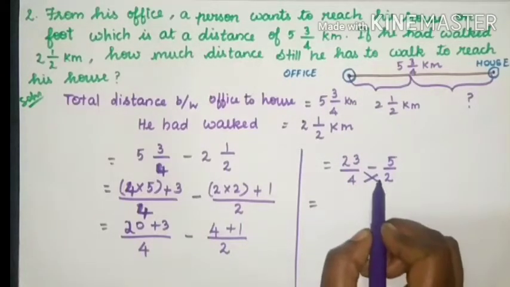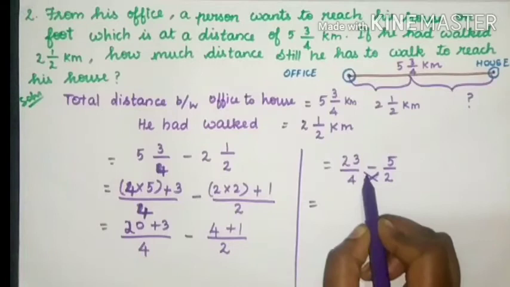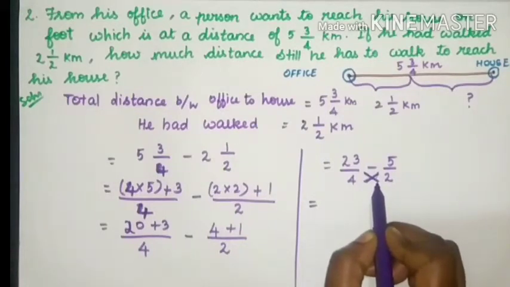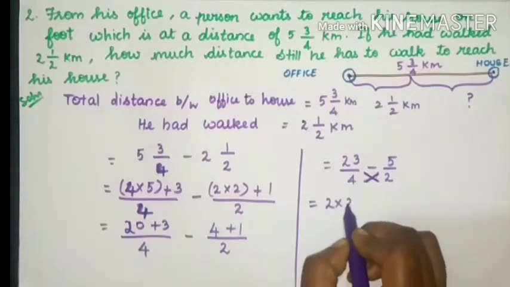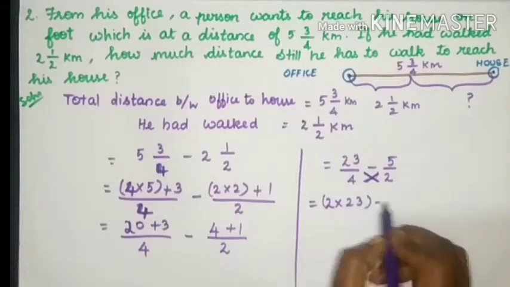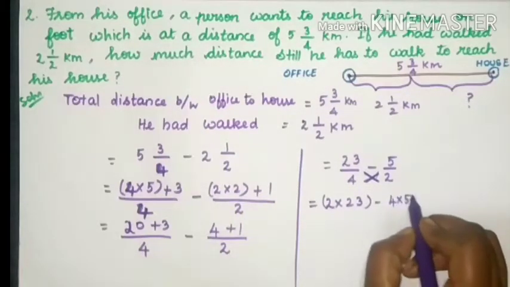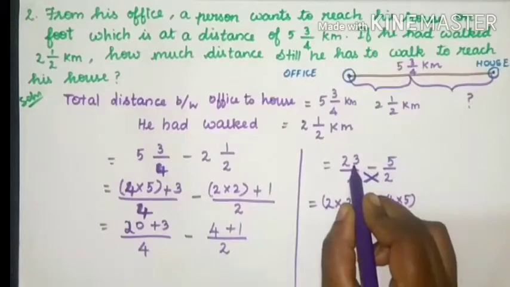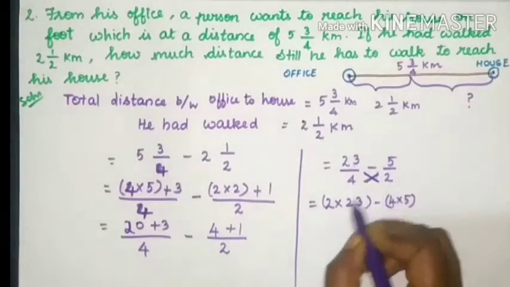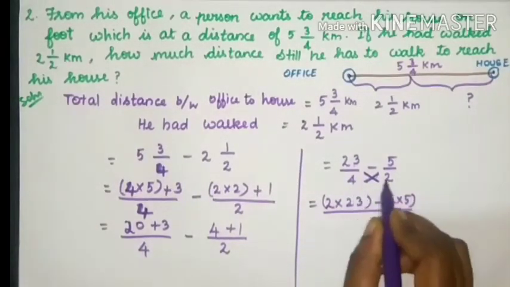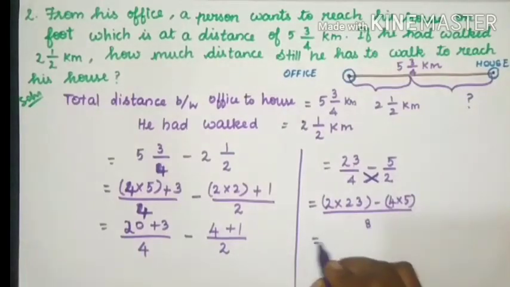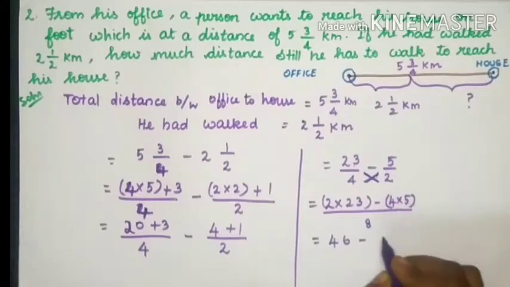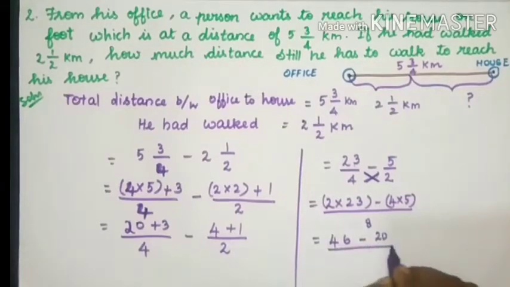Students, this is nothing but you have to use this symbol for the cross multiplication method. 2 into 23 minus 4 into 5, divided by 4 2s are 8. 2 23s are 46 minus 4 5s are 20, divided by 8. 46 minus 20 is equal to what?